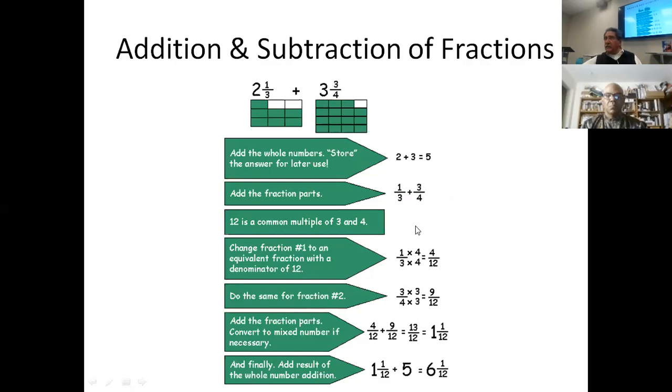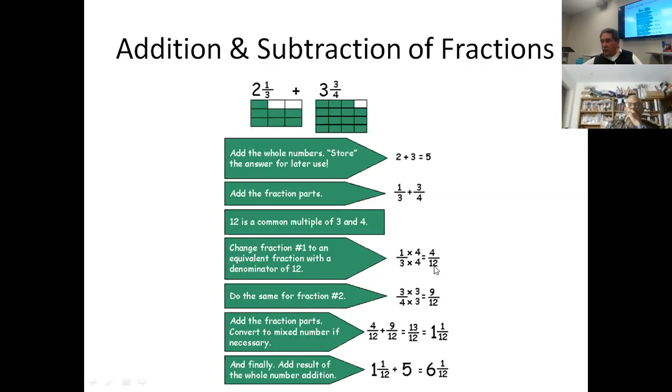Remember, we said in the beginning, if you multiply a fraction, the top and the bottom, by the same number, it makes no change in its value. I want to make their denominators the same, otherwise you cannot add them. So I multiply the top by 4 and the bottom by 4.